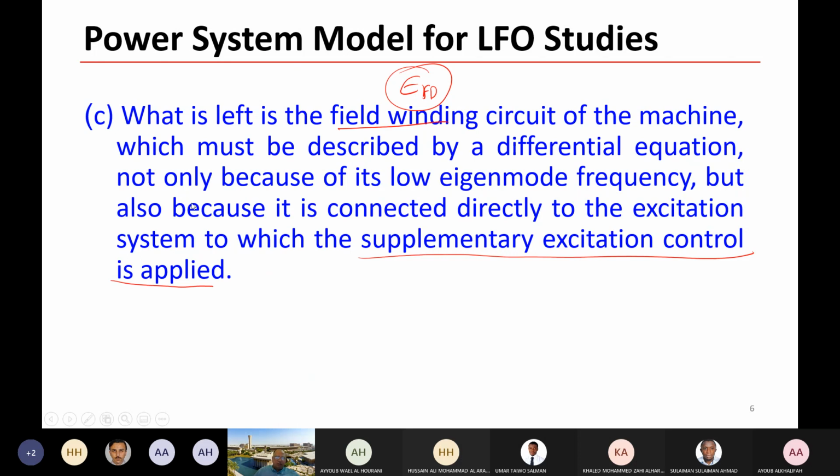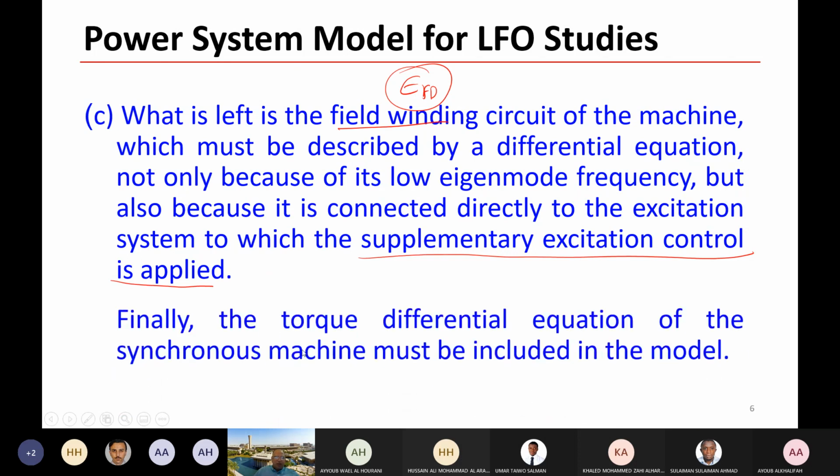So we have to model the excitation system. So finally, the torque differential equation of the synchronous machine must be included in the model.